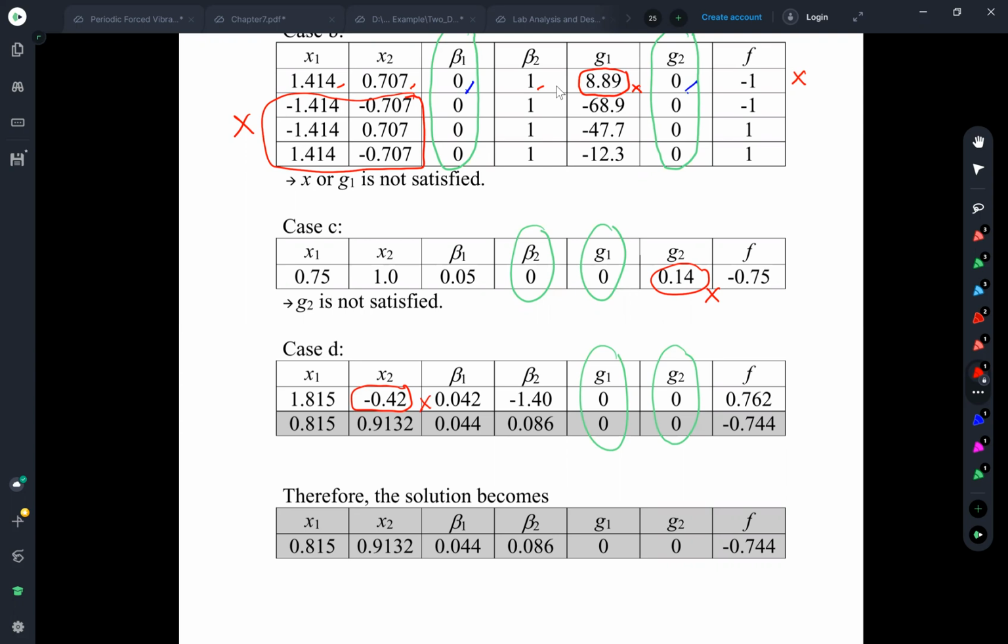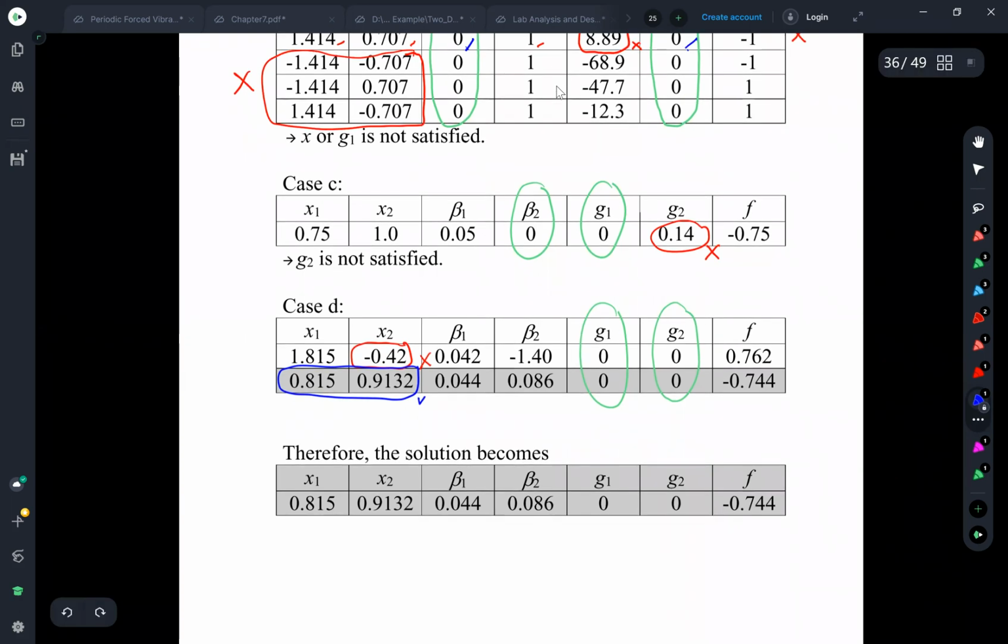So we remove this from our consideration, right? It seems only the last set of solutions looks good to us. x1 and x2, both of them are positive numbers. This is good. Beta 1 and beta 2, let me discuss this later. G1 and G2 are both 0. So it's good. Everything's good.